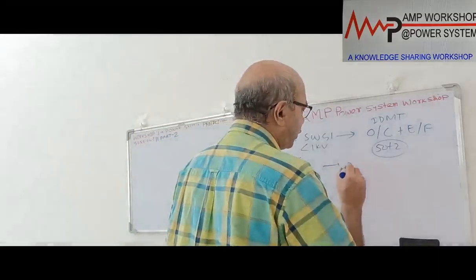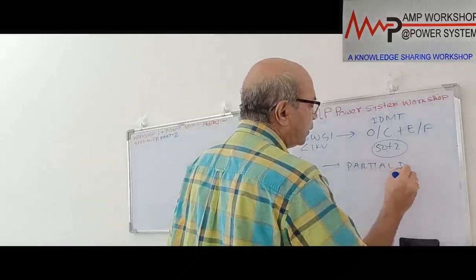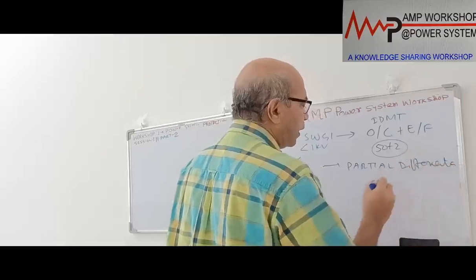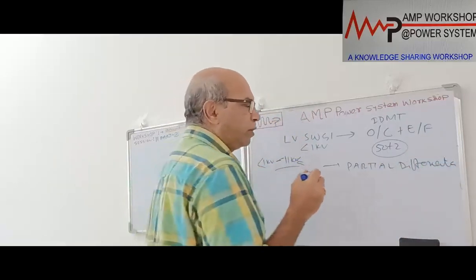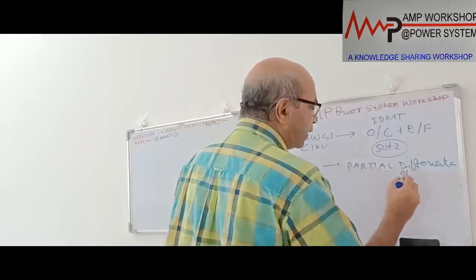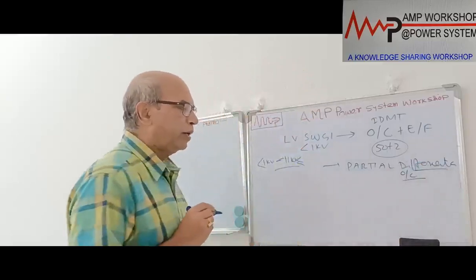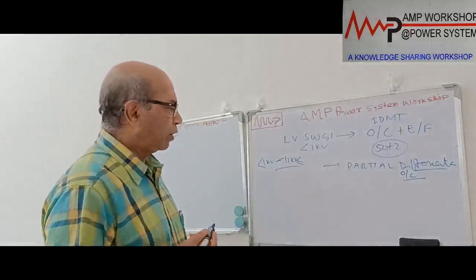We call it differential, but it is actually overcurrent. We used a cap type relay in the original electromagnetic version. Nowadays we use a fast acting overcurrent relay instead of a differential relay, but it is termed partial differential protection.